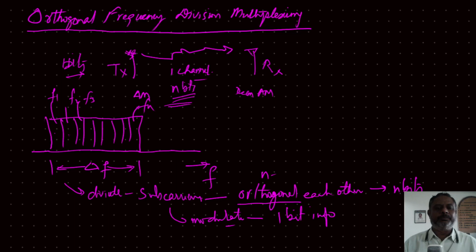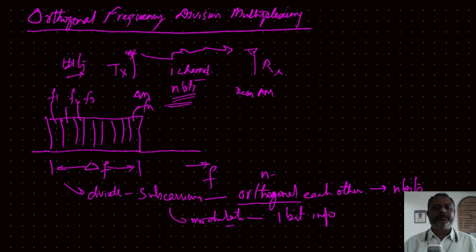Each should respond only to its own subcarrier and not be disturbed by other subcarriers. If we take care of that, then n bits at a time can be transmitted over a single channel using n orthogonal subcarriers.